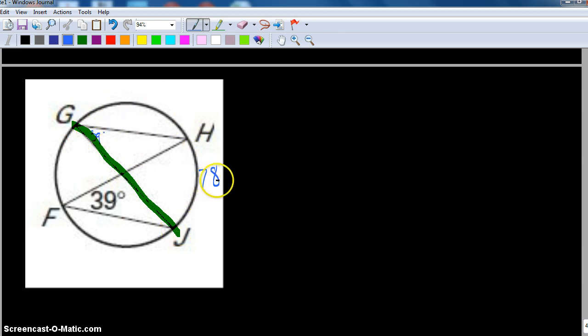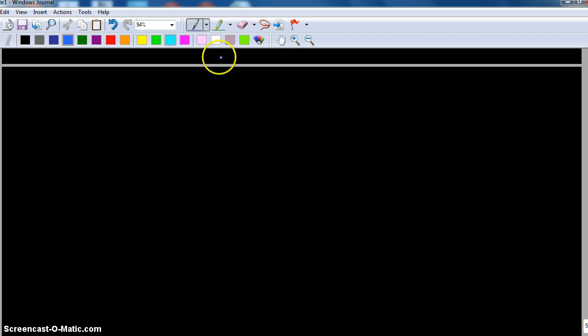So then we're going to subtract 78 from 180, and it'll give us the answer. 180 minus 78, which will give us 102. So from G to H, 102 degrees. I think you have to do it on your work. But anyways. Alright, 2 more things and we're done.